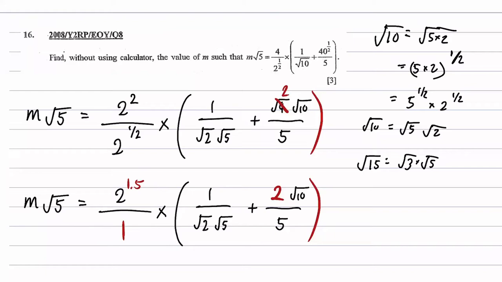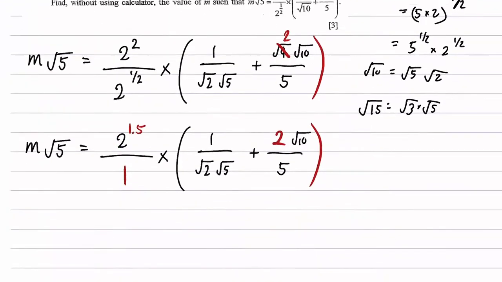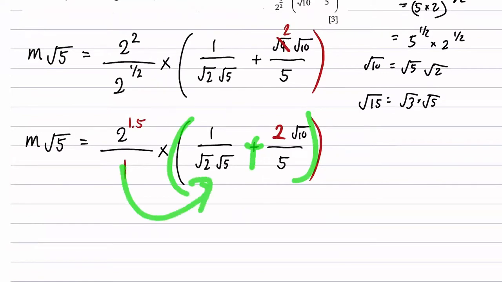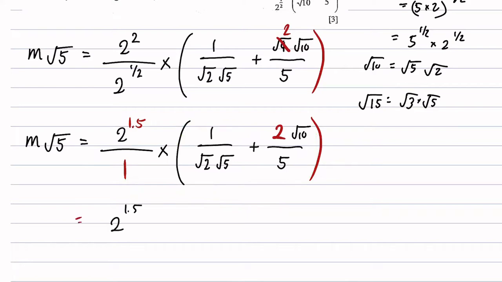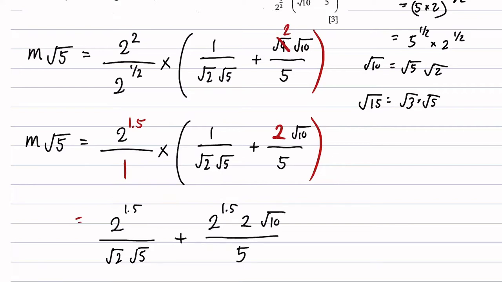Anything special about 2 power 1.5? Okay, wait, sorry. Here you got brackets and plus, so what do you need to do? Expand, distribute. Yes. So you got 2 power 1.5 divided by square root 2 square root 5, plus 2 power 1.5 times 2 times square root 10 over 5.